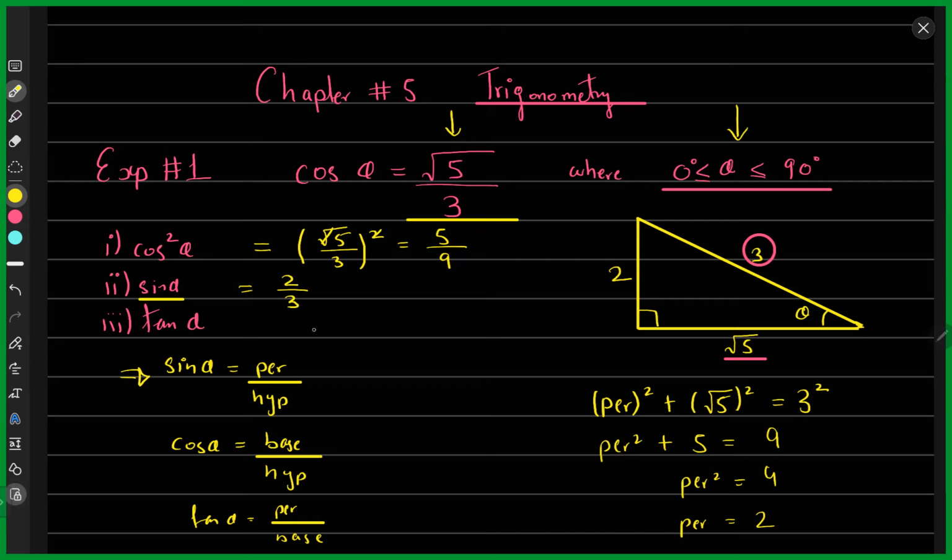So the perpendicular side is 2 and the base is √5. This is going to be the answer. Any difficulties with this? Anything that you guys were not able to understand? No, miss, everything's clear. Okay, so this was just a question that would not come directly in your exam, but you would be using this knowledge somewhere in order to solve questions.